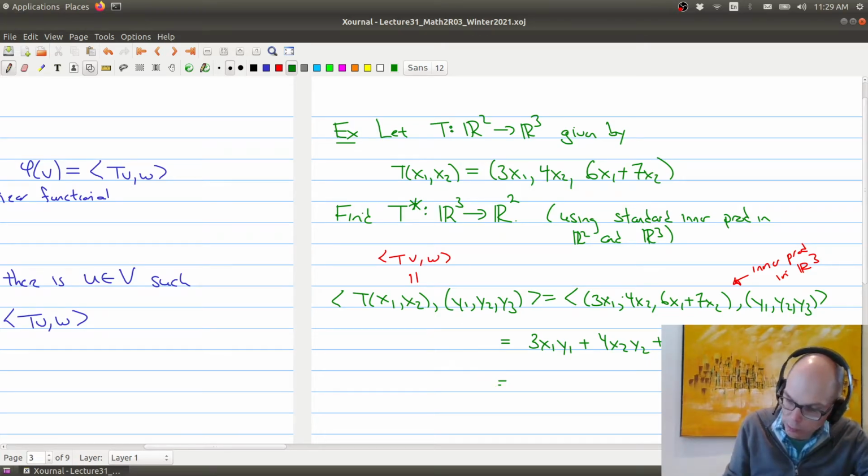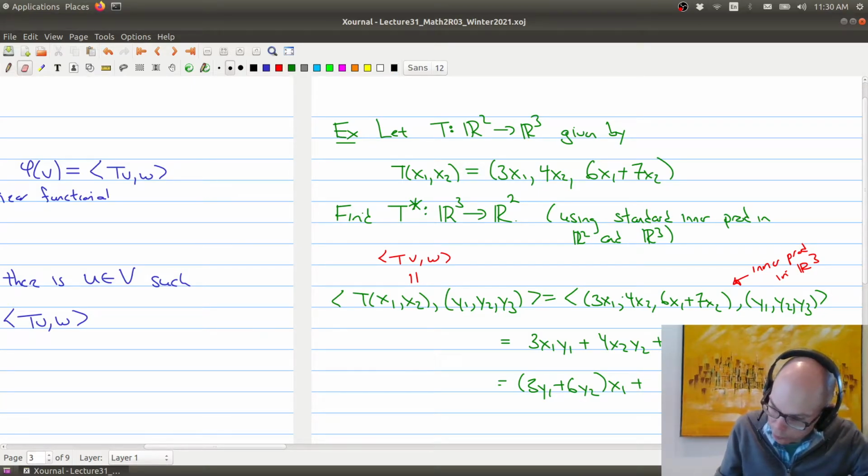We can put all the x1s together, so we would have (3y1 + 6y3) times x1. And then we put all the x2s together, so we would have the rest of it, (4y2 + 7y3). Sorry, this should be a y3 right here.